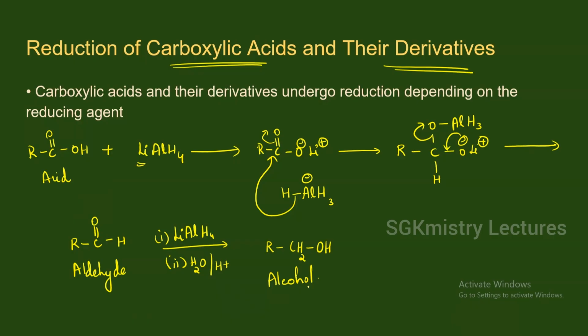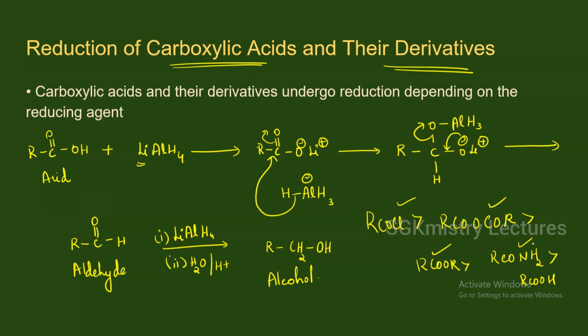Now the order of reactivity of the acid and their derivatives for this reaction is: RCOCl will be maximum, then we have RCOOCOR, then RCOOR for esters, then RCONH2, that is acid amides, and then carboxylic acids. So acid chlorides will be highly reactive, then anhydrides, then esters, acid amides, and then the carboxylic acids.